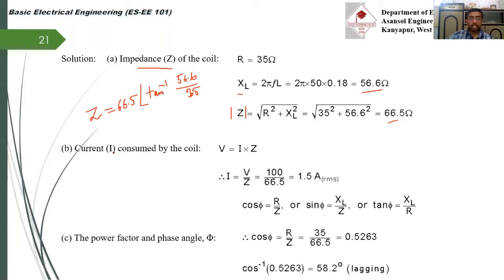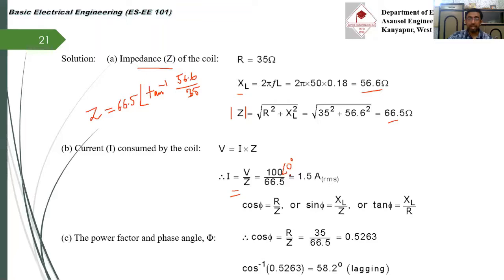Okay, what is the current consumed by the coil? That is V equals I times Z, so I equals V by Z. Here V is 100, that means it is your 100 angle 0 degree in complex notation. If only magnitude is required, then you can simply follow this formula V by Z. But if you want to calculate the phase difference from V to I, then use this polar notation, or complex notation.